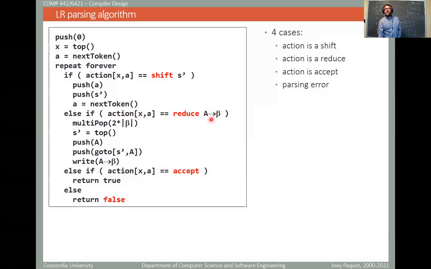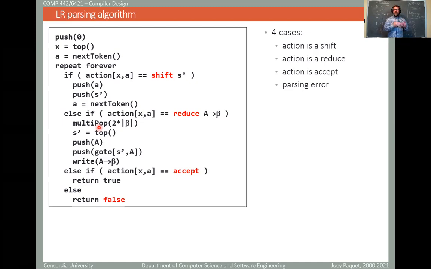So how do you do a reduce? First, you have to pop from the stack. You should remove from the top of the stack the right-hand side that you have just identified. It just happens, as I said before, that in your stack you always have alternating state and symbol.